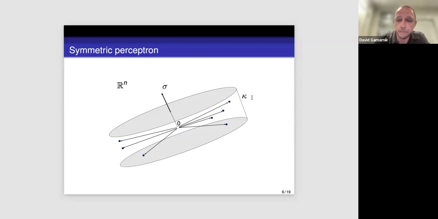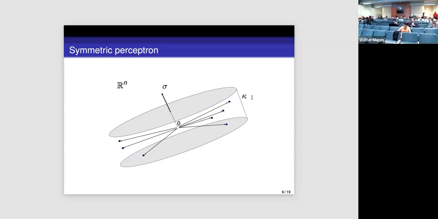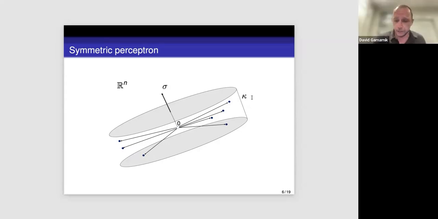It's not going to be perfectly orthogonal, but it needs to be somewhat orthogonal. And kappa signifies the amount of error that we are willing to tolerate.